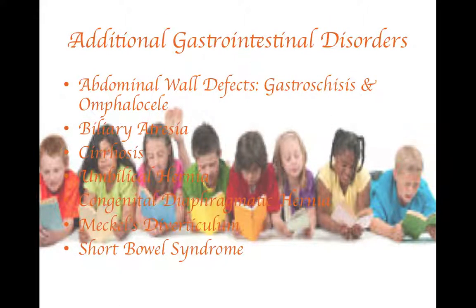Lastly, we will quickly look at additional gastrointestinal disorders. The first one is abdominal wall defects, or your gastroschisis or omphalocele. These are congenital abdominal wall defects that result in herniation of the peritoneal contents through the abdominal wall, with omphalocele having a membranous cover or gastroschisis being without.